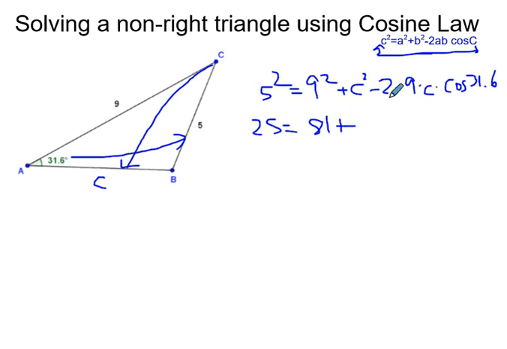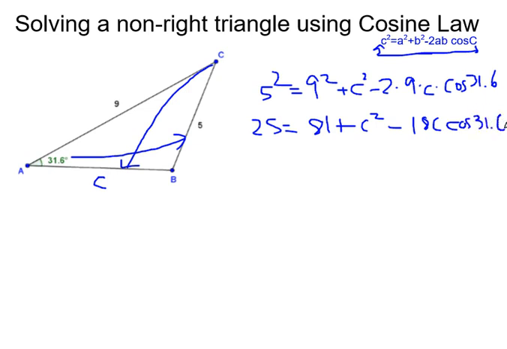Plus, here, well, C squared, we don't know. Here we have 2 times 9 times C cosine, so that's 18 C cosine of 31.6. Now be careful with this.